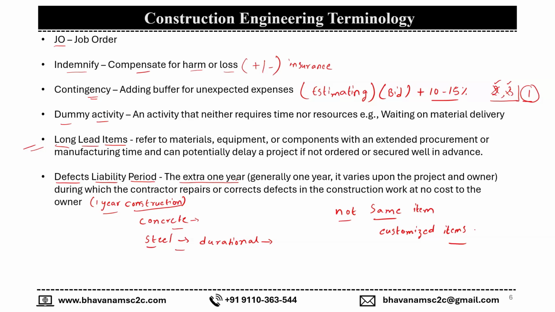And within the period of 10 years, if the highway undergoes any sort of problems or repair work, they have to do those repair works at free of cost. So it depends on the project, and it depends on the contract between the owner and the contractor, and defect liability period varies accordingly. Usually, as I said, that's a period where the contractor is obliged to do repair works at free of cost.